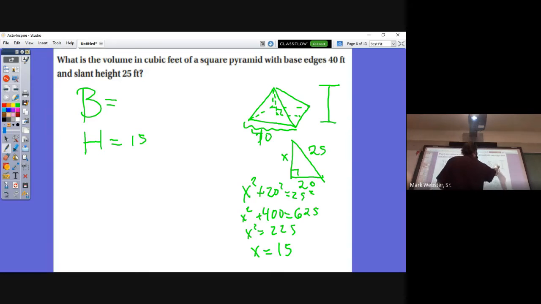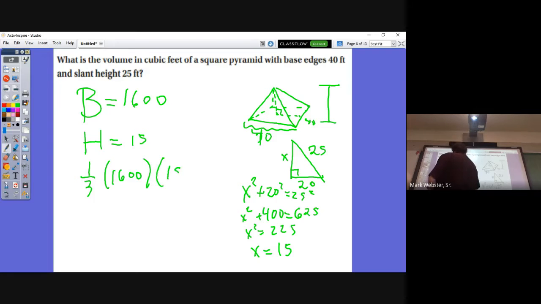And then the area of the base, well, 40 by 40, 1600. And it's going to come out nice and even again, and that's exciting because 15 is a multiple of 3. That's so great. So if you want to do this in your head, 15 divided by 3 is 5.